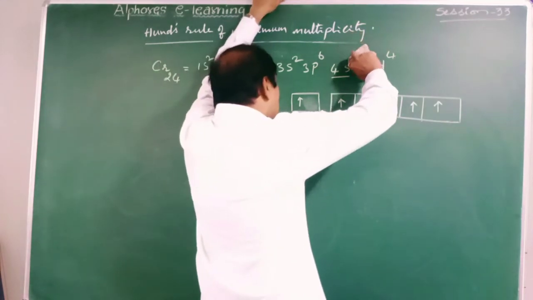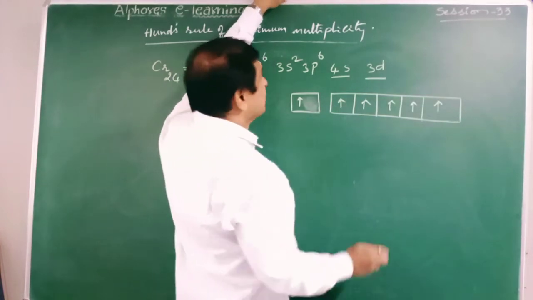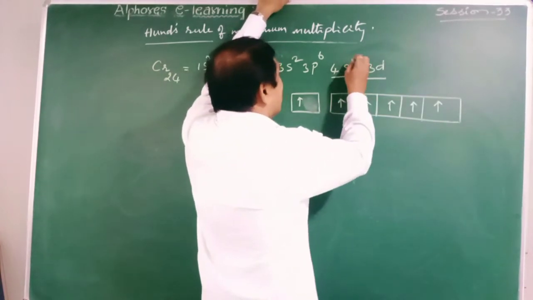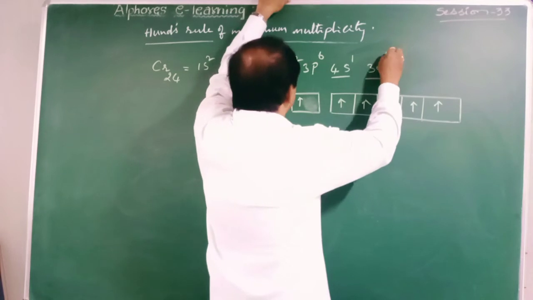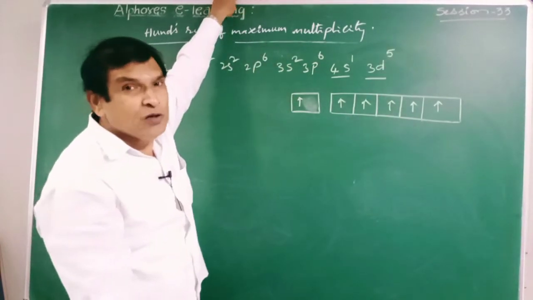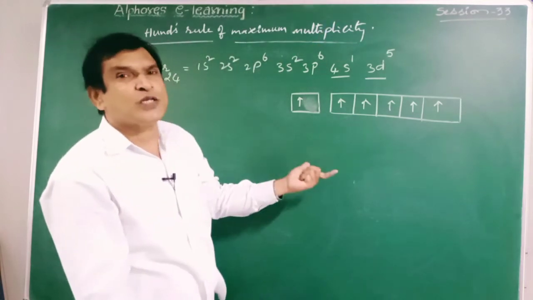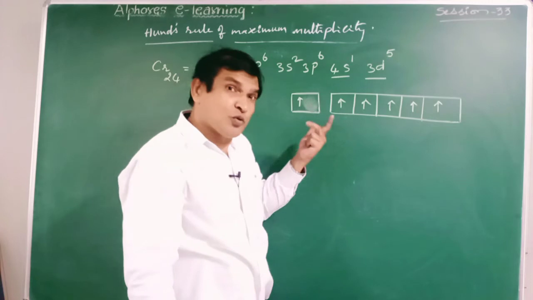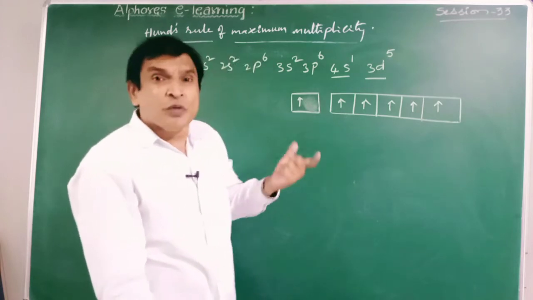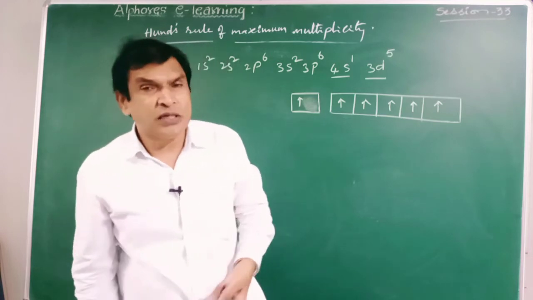Therefore, to explain the stable configuration of chromium 24, we have to write 4s1 3d5. We should not write 4s2 3d4. Always we have to write only the stable configuration, which is 4s1 3d5, following the significance of Hund's rule.